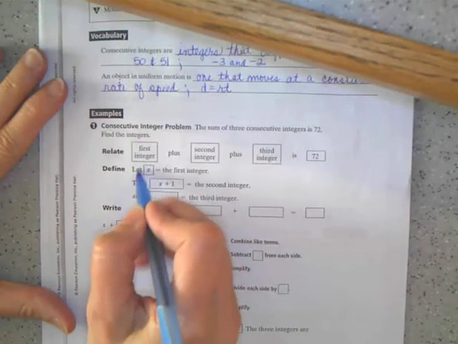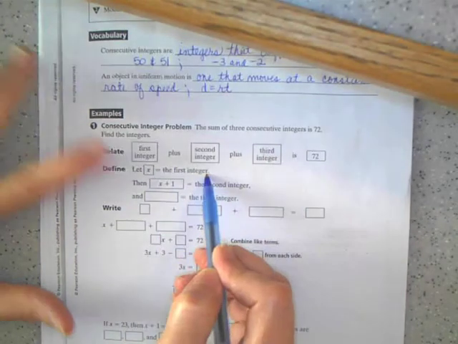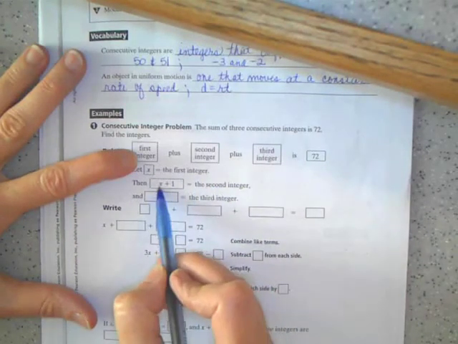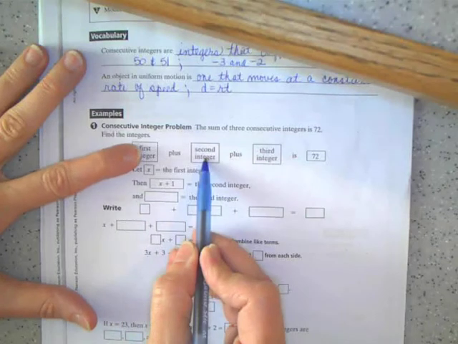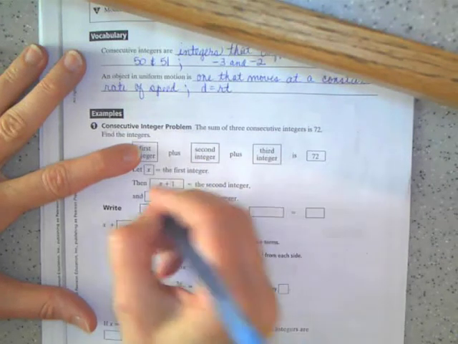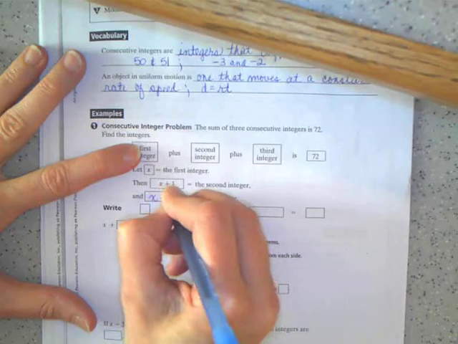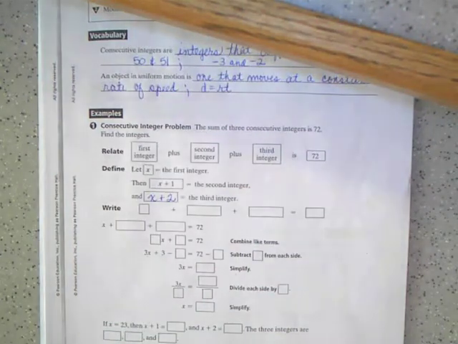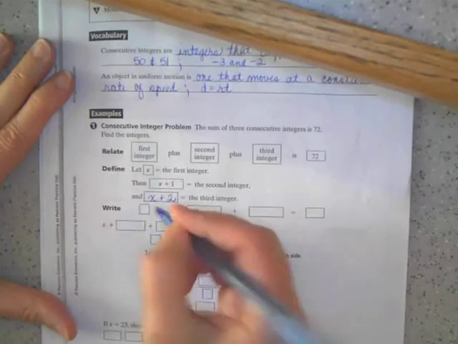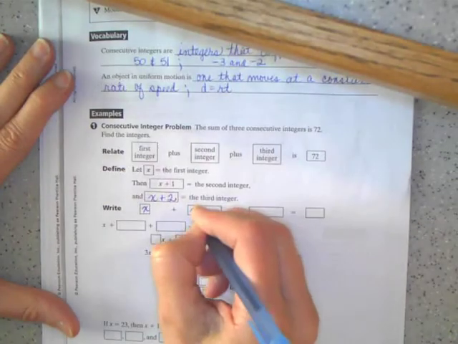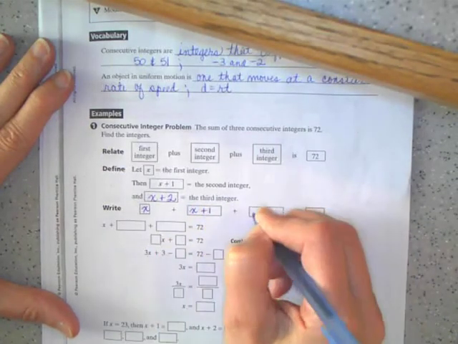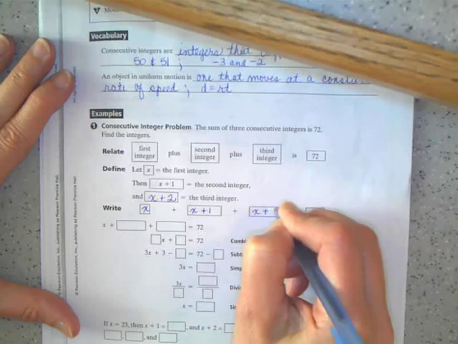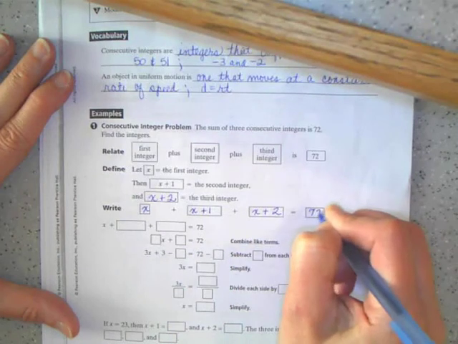You want to define your integers, so x is the first integer, x plus 1 is the second integer, and x plus 2 is the third integer. So we have x plus x plus 1 plus x plus 2 equals 72.